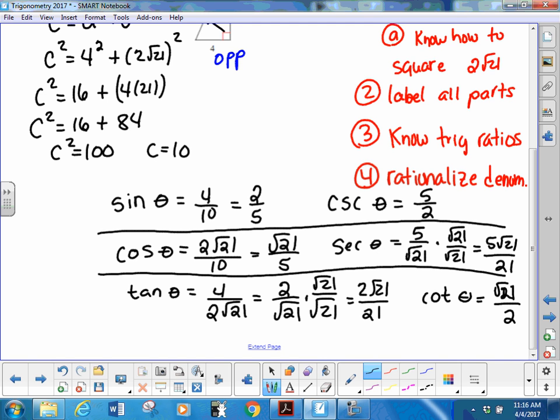You see what I did? If I did this, then I'd have to do a little bit more math. I'd have to rationalize it, whereas this is the same thing, and I can go from there, because you remember cotangent is adjacent over opposite, so it's a little bit easier to do that. And those are the 4 pieces I think that go with that.